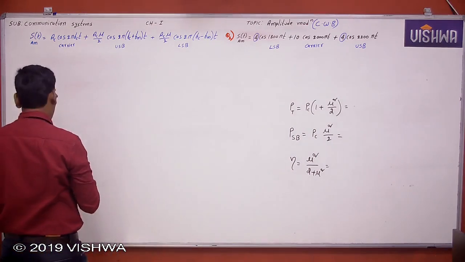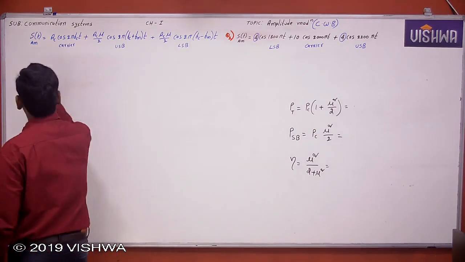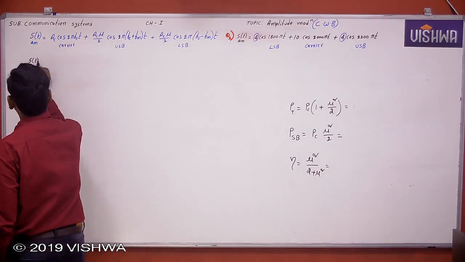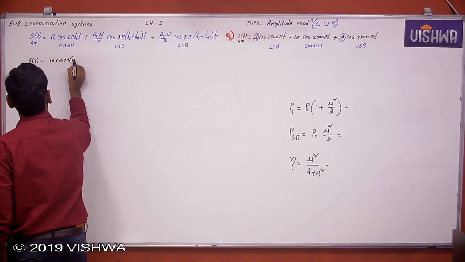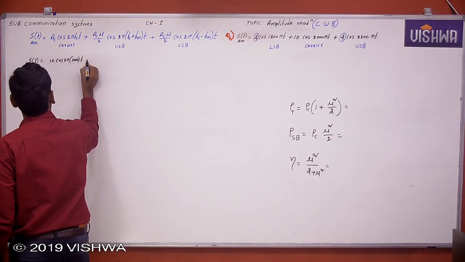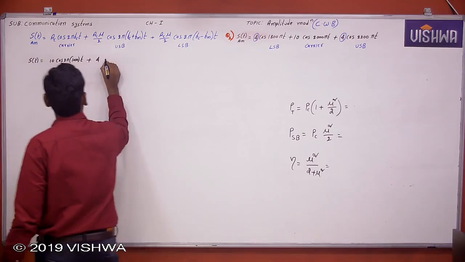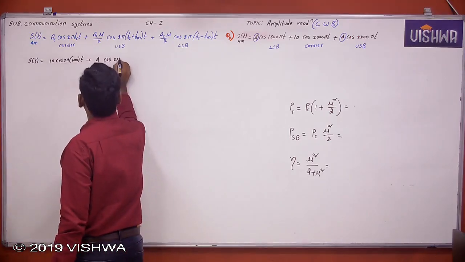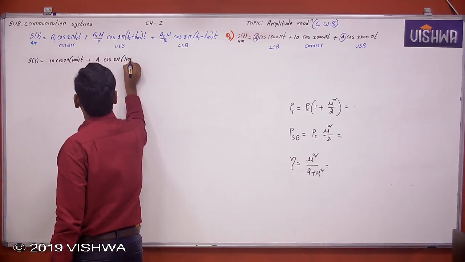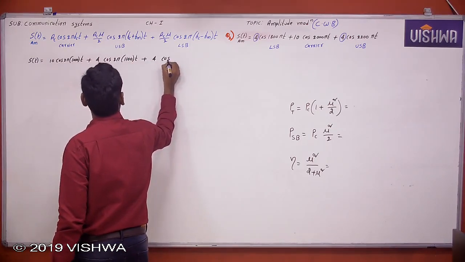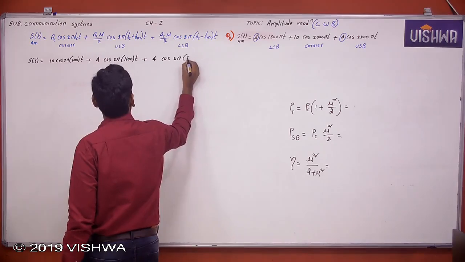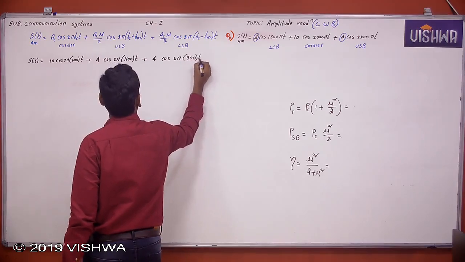Now here is the equation you see. Now this is nothing but you can represent it like this. S of t equals 10 cos 2 pi into 1000 into t plus 4 cos 2 pi into 1100 into t plus 4 cos 2 pi into 900 into t.